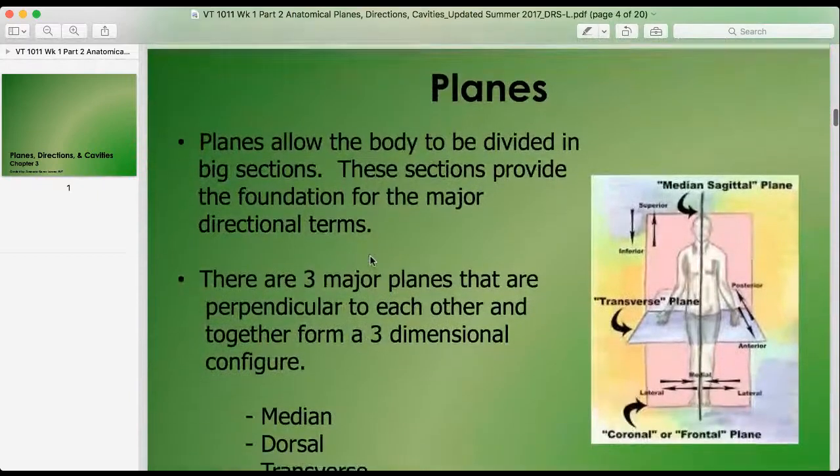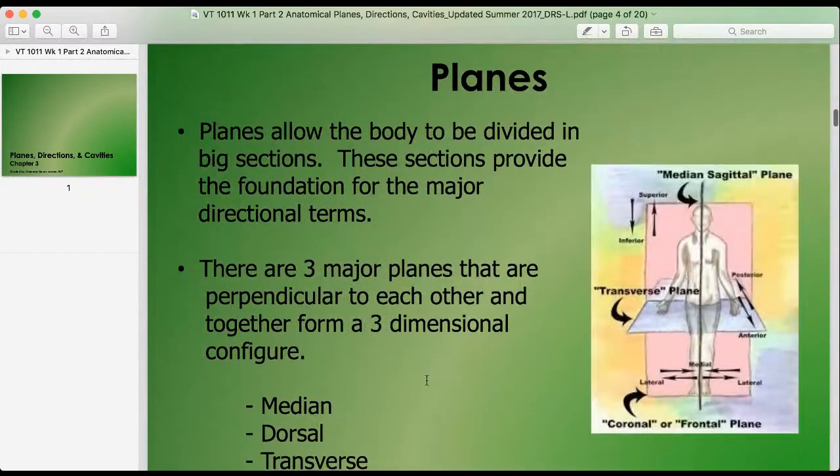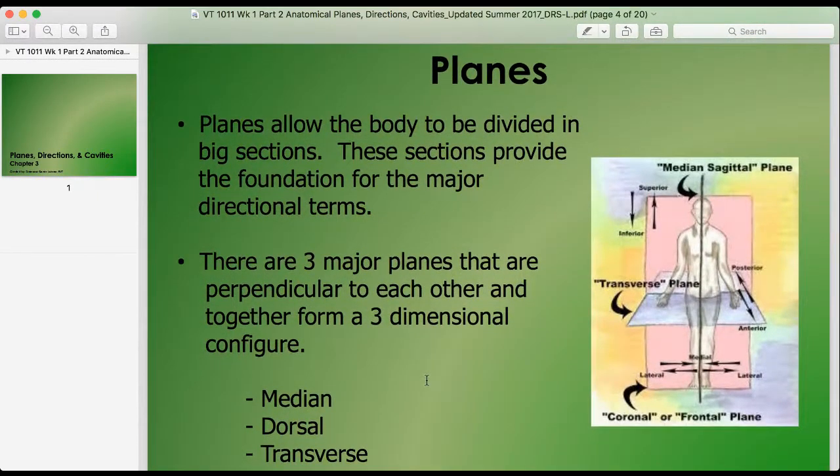A lot of times with dealing with directional terms and planes, we actually start off looking at our own body. And it's really a way that we deal with anatomy and physiology study anyway. Even if we are in the animal care field, we look and relate everything to a human being.